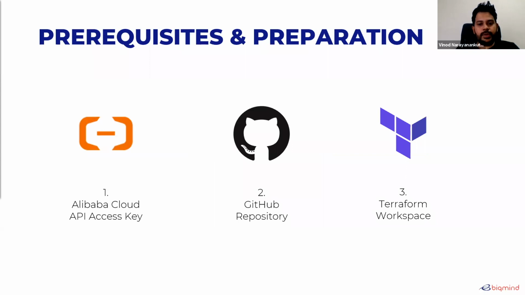So in terms of prerequisites, let's start with some preparation. The first task is to create an access for Terraform to execute the code on Alibaba Cloud. When you sign up on Alibaba Cloud, you're given an account with Identity and Access Management. You can use your own username and password for Terraform to access the cloud, but this is generally not advisable because this is your main account.